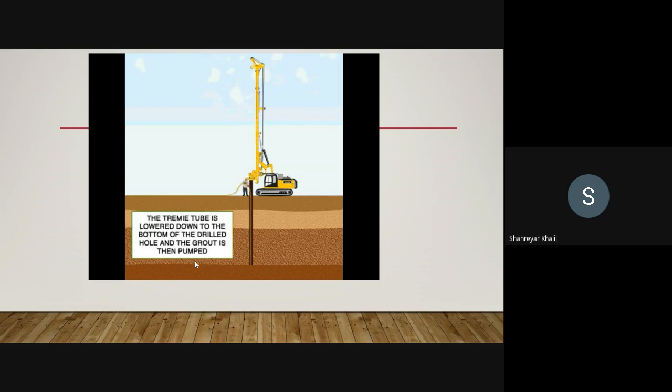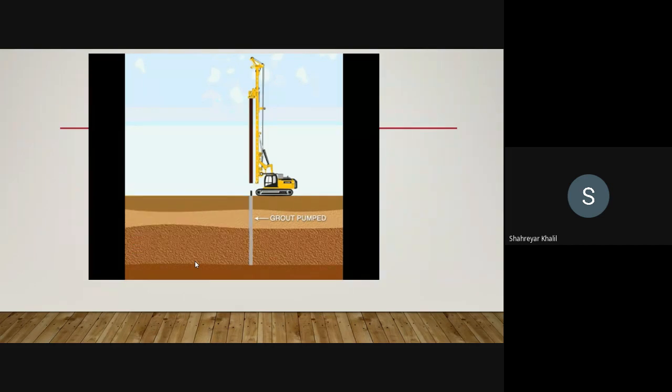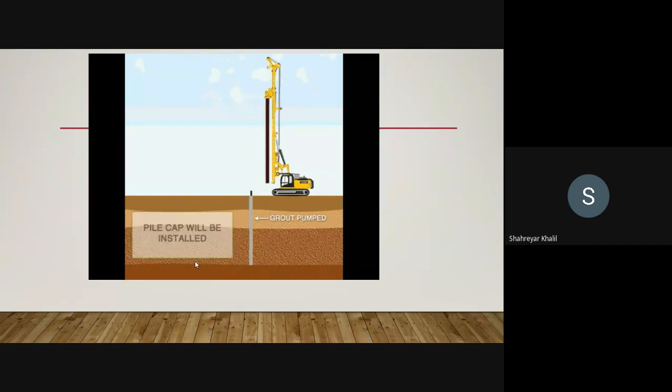Then the tremie tube is lowered down with pressure to insert the grout inside the casing, and the casing is extracted 3 feet. At the end, the pile cap is placed at the top of it. So this is how it is done.